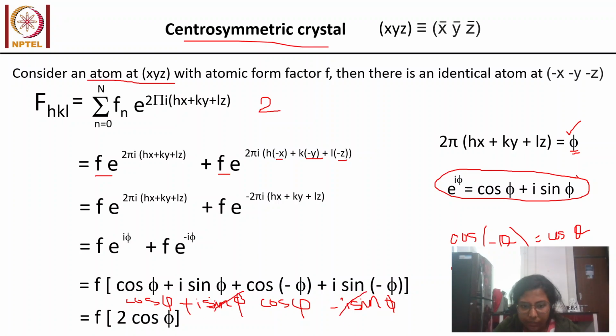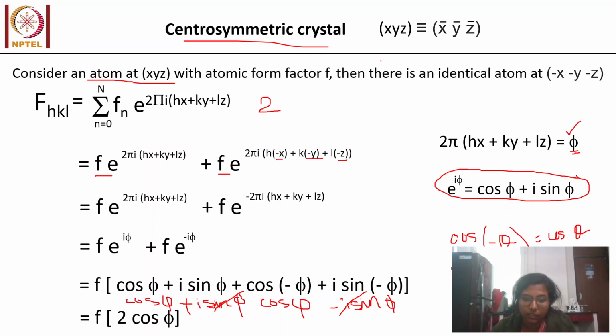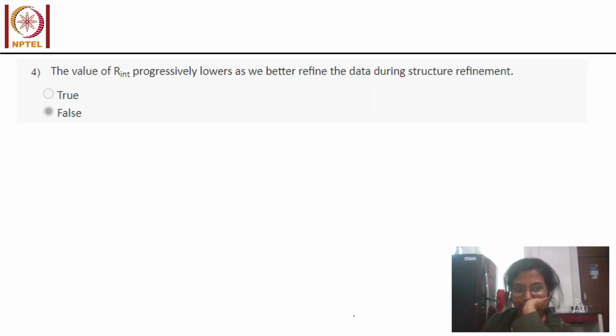The complex or imaginary parts are cancelling each other, and what we end up with is 2 cos phi. So the question was that if the crystal is centrosymmetric, then the structure factor must contain the imaginary part. But what we are seeing here is that the imaginary part cancels out. Hence the answer here will be false.